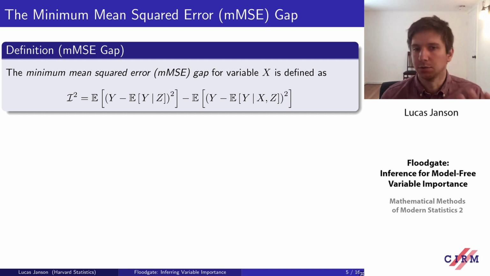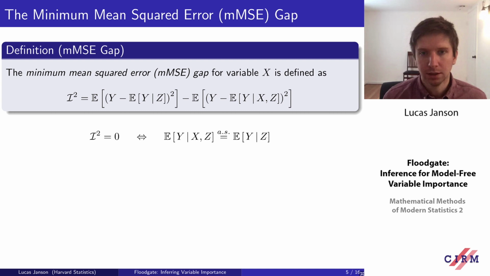From an oracle standpoint, if you could do the best possible prediction you could, how much would x add? In particular, one of the reasons we like this is that it's 0 if and only if the regression function with x and the regression function without x are exactly the same almost surely.